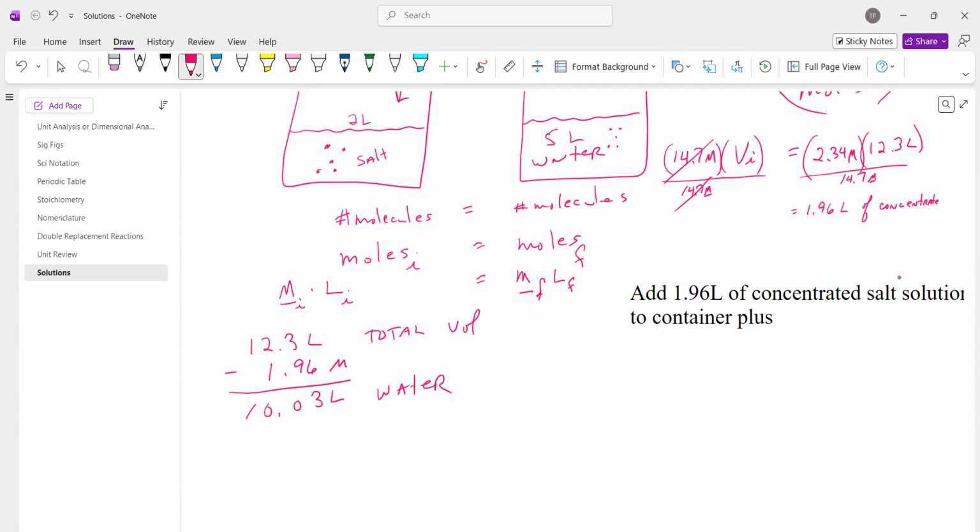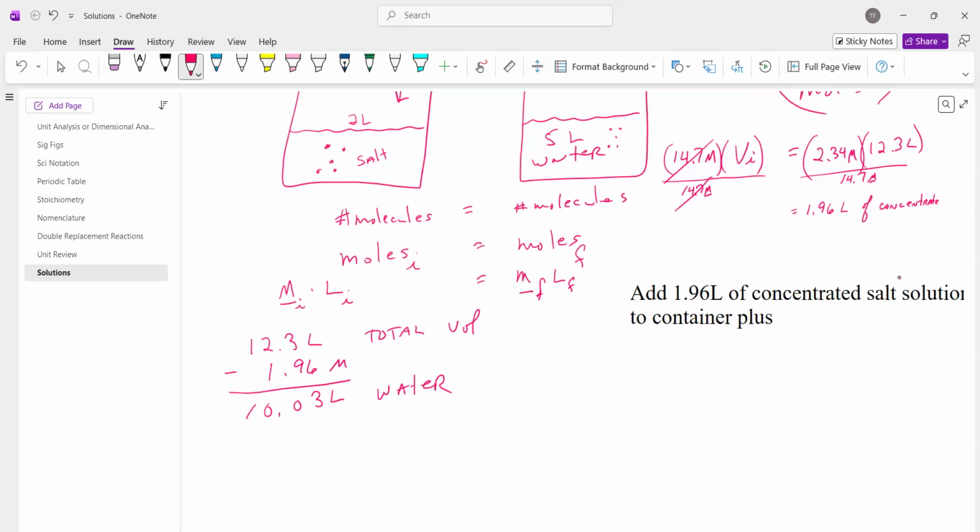Does everyone see why I got the 10.3 liters of water? Our total volume is 12.3. The concentrate has taken up 1.96 of that. What's remaining is how much water we have to add. How much do we have to dilute that concentrated stuff to get up to proper concentration?